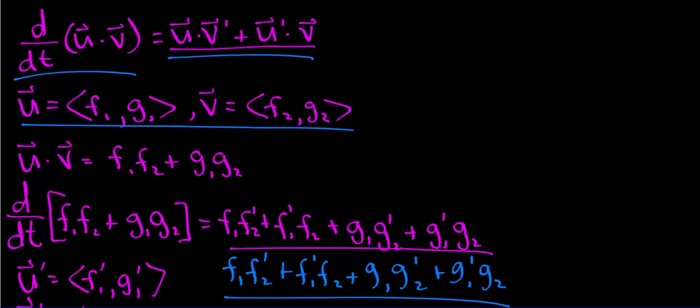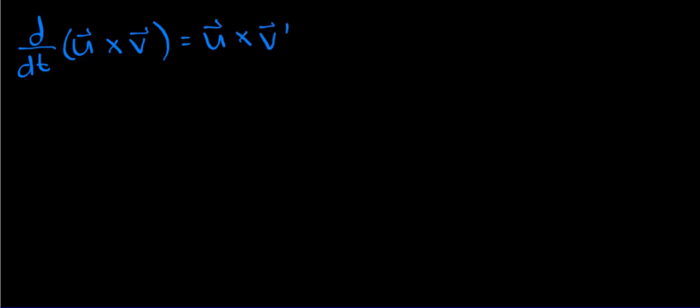Now, there are other properties of these vectors. For example, let's suppose we have the cross product. Well, this is going to be just like you would think: u cross v prime plus u prime cross v. So we've looked at the derivative of a dot product and the derivative of a cross product of two vector valued functions.